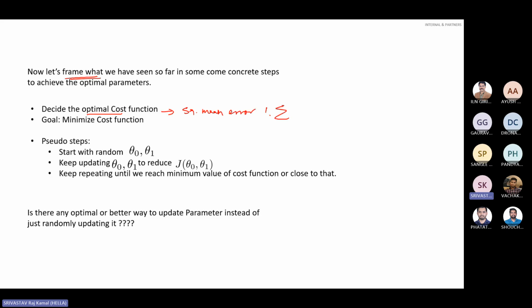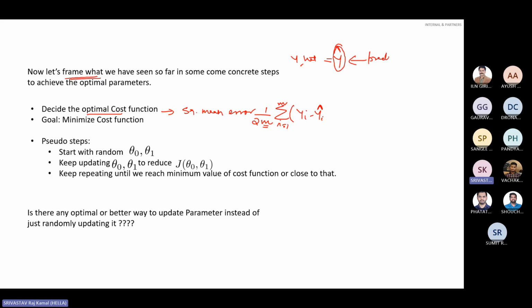If you remember, m was the number of data points, and the sum runs over i equals 1 to m, the number of rows, of yi minus yi hat. This is represented as y hat, which denotes the predictions. This is how predictions are denoted in terminology. This is our cost function.